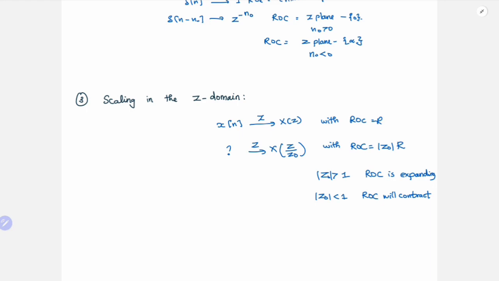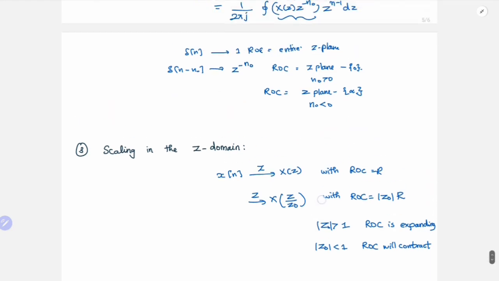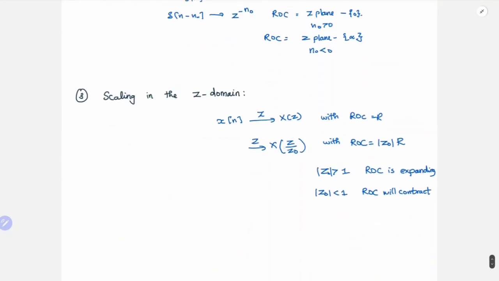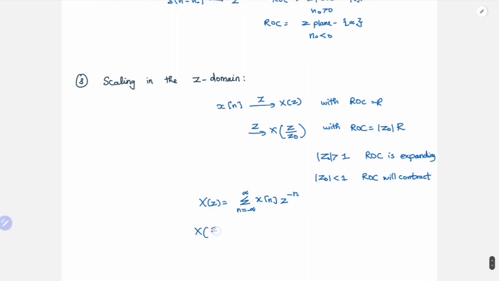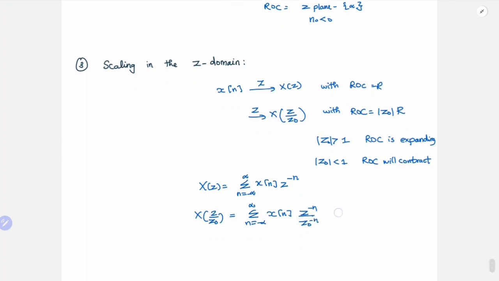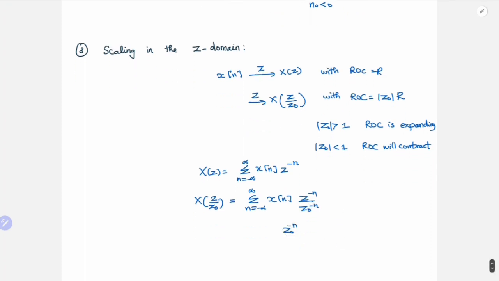So what will be my discrete time domain signal then? If you observe, your x of z is equal to summation n equal to minus infinity to infinity x of n z power minus n, correct? Now if I substitute z by z by z0 here, I will have summation n equal to minus infinity to infinity x of n z power minus n by z0 power minus n. 1 by z0 power minus n is z0 power n.